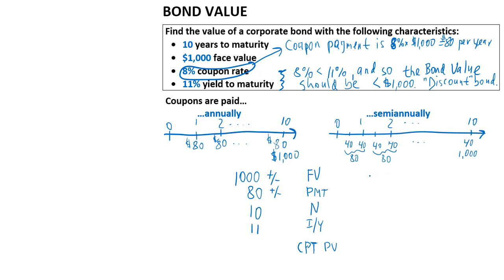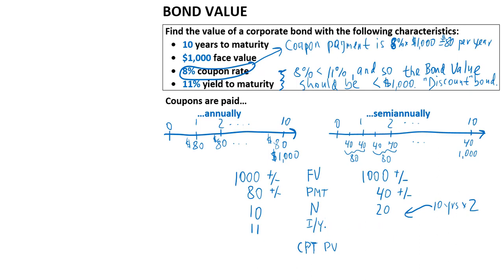In the second case, it's the same future value, $1,000. The payment, however, is now half of the annual coupon payment, which is 40. And once again, we need to be consistent with the signs for all the cash flows occurring in the future. The number of coupon payments is double the number of years, 20, right? Why is it 20? Because we have 10 years and we multiply that by 2 coupon payments made every year.